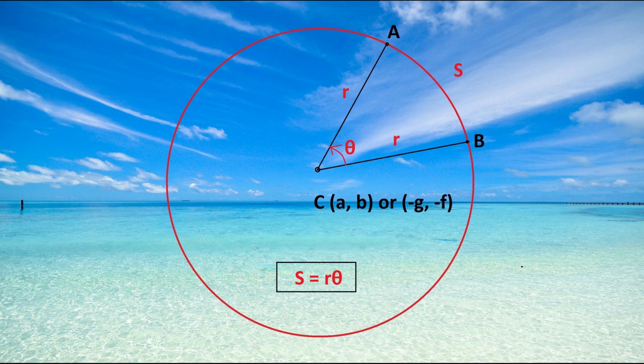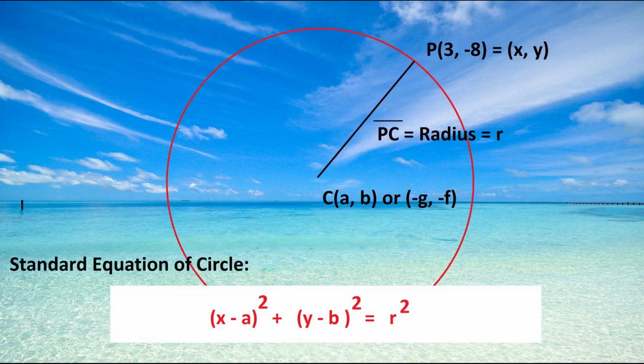You know that equations are very important in mathematics, and whenever you represent anything through x and y, in an algebraic fashion, you need to know the variables and constants. So the standard equation of the circle is (x minus a) whole square plus (y minus b) whole square is equal to r square, the square of the radius.